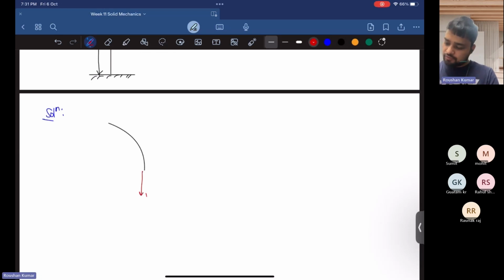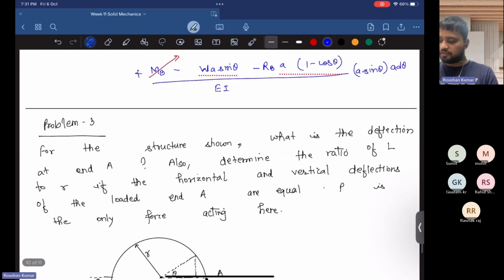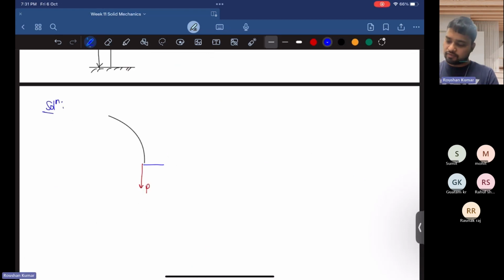There is a load acting downward, which is P. Here we are assuming that because there is only a vertical load acting and there is no corresponding horizontal displacement, only a vertical displacement, we are assuming here a dummy force F, which is equal to 0.